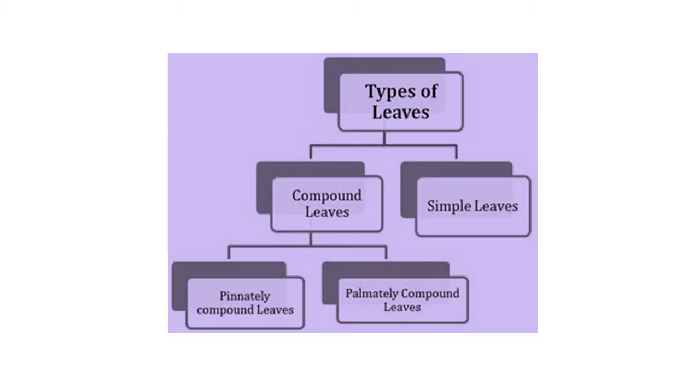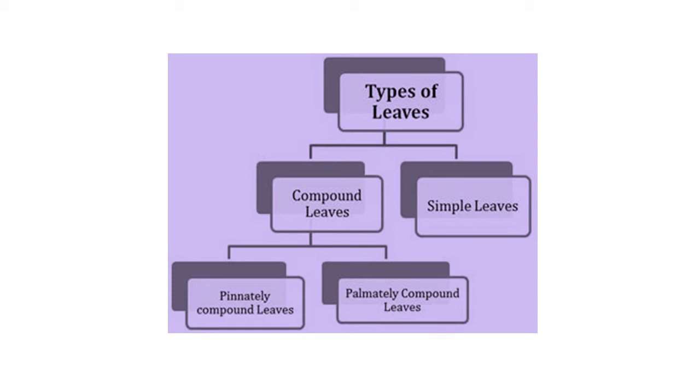Types of leaves. Leaves are mainly classified into two types. First is compound leaves and second, simple leaves. Simple leaves are not further classified, but compound leaves are classified into two categories, that is pinnately compound leaves or pinnate compound leaves, and second, palmately compound leaves.